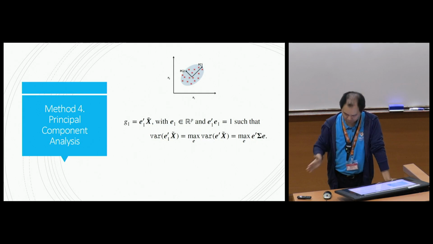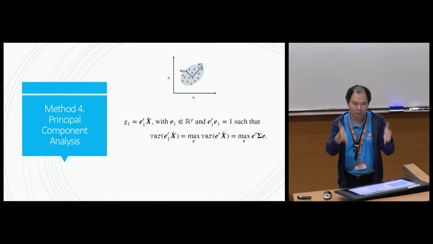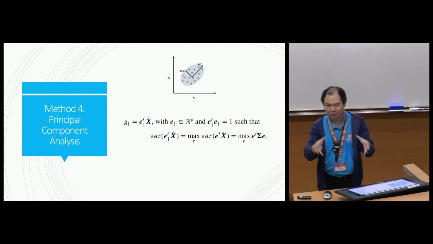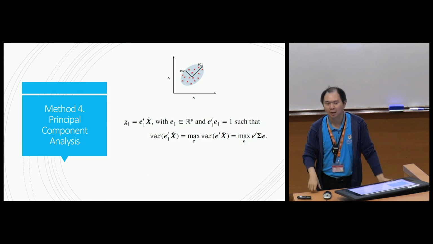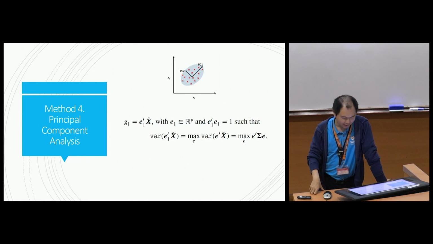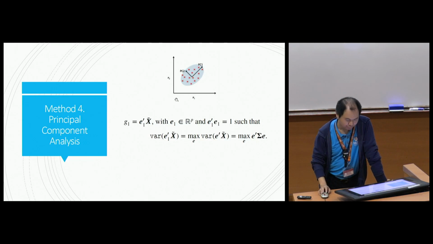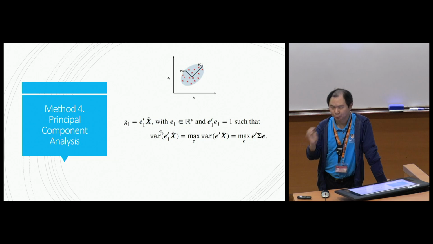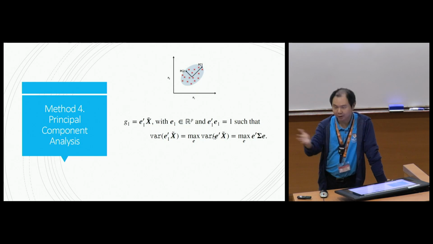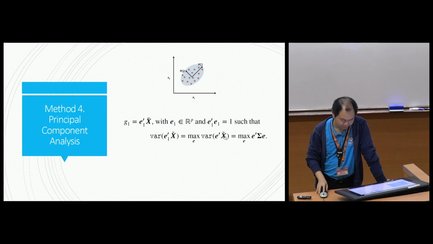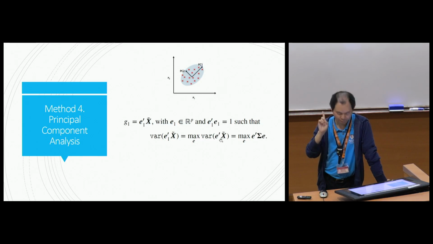It's also decomposing the original design matrix X. The X variable is decomposed into multiple principal components. Here, the first principal component usually maximizes the variance of all the linear combinations of these X variables. So that's the first principal component.